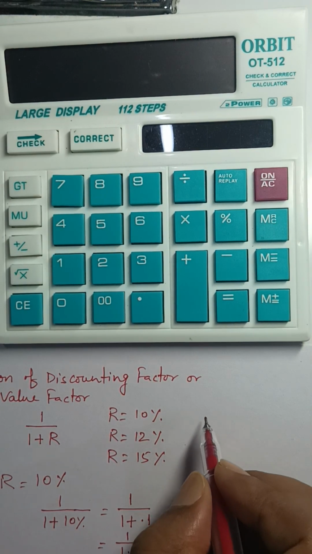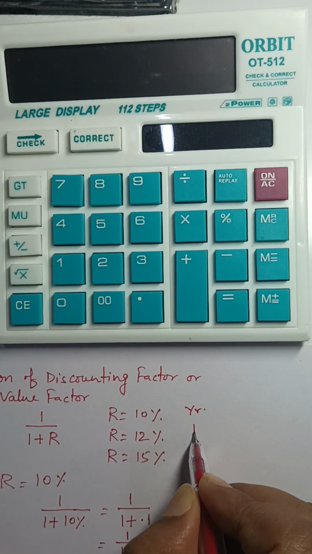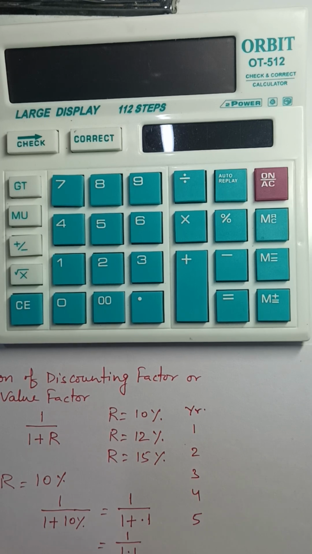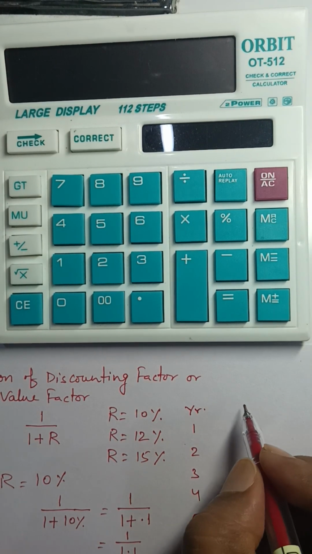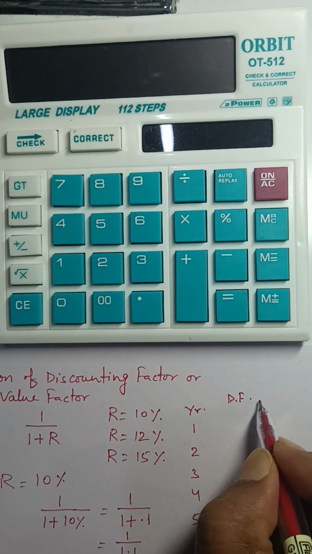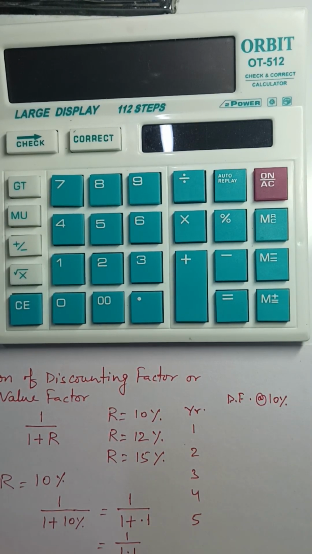For example, here I am writing year. Year may be 1, 2, 3, 4, 5. Then I am writing DF for the discounting factor at the rate of 10%. What will the value be for different years?